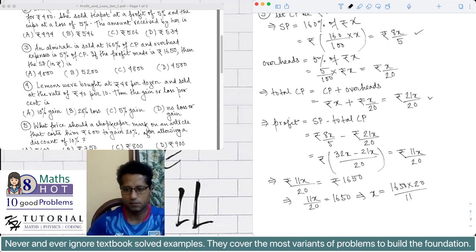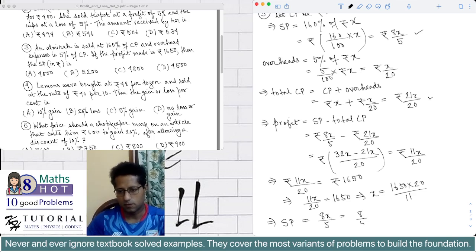So we will not evaluate the value of X separately. Let it be like this. The question has asked the value of SP. So SP is equal to 8X by 5, and we know the value of X. X is equal to 1650 multiplied by 20 divided by 11.